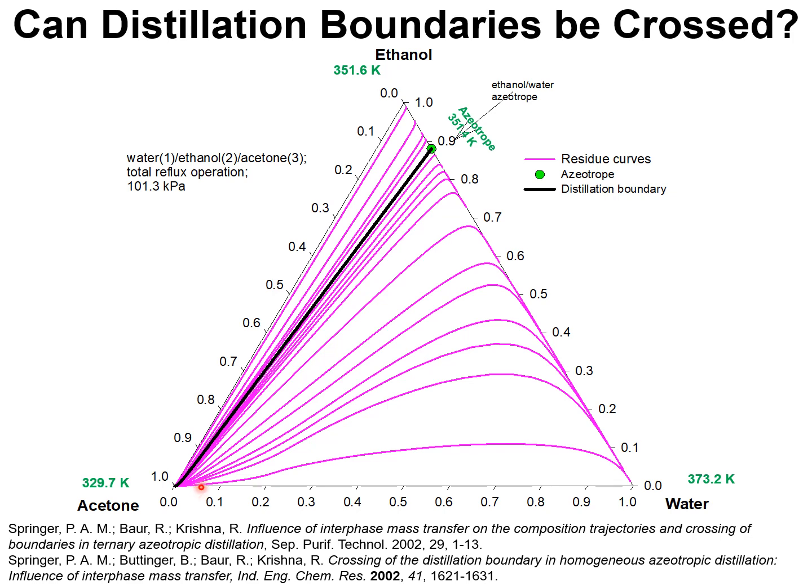We note that the residue curve maps do not cross the thick black line, which is called the distillation boundary, that connects the acetone apex to the azeotrope composition.